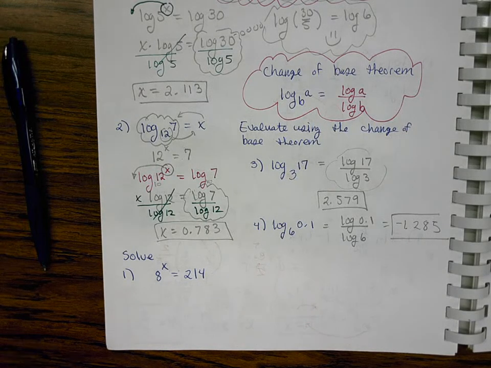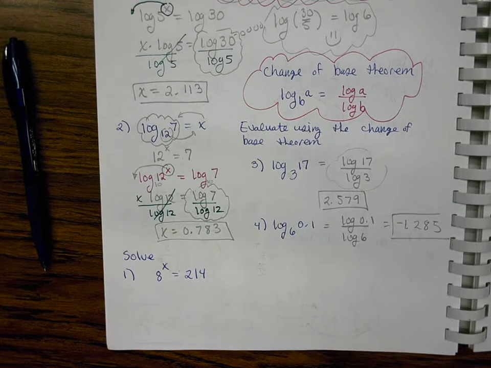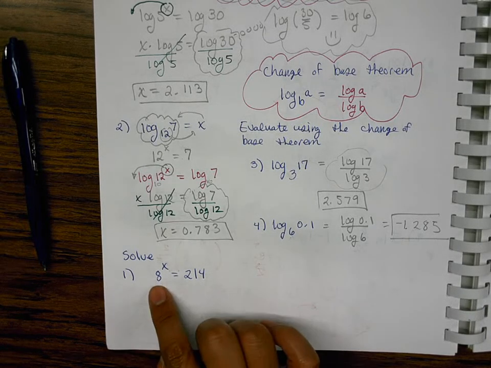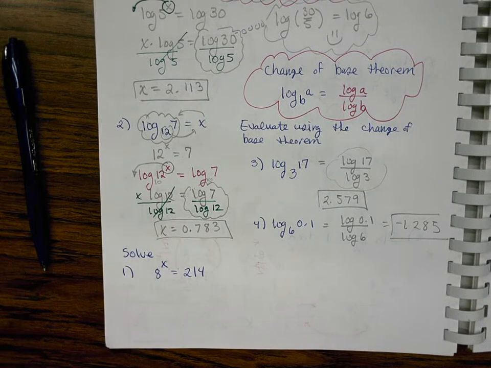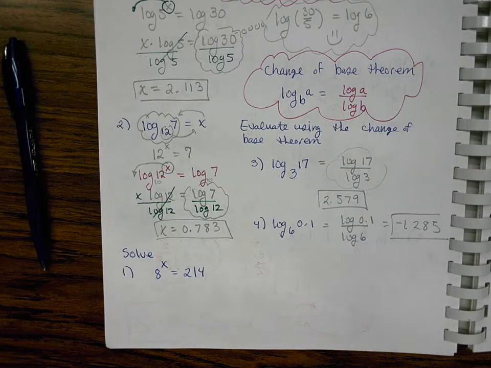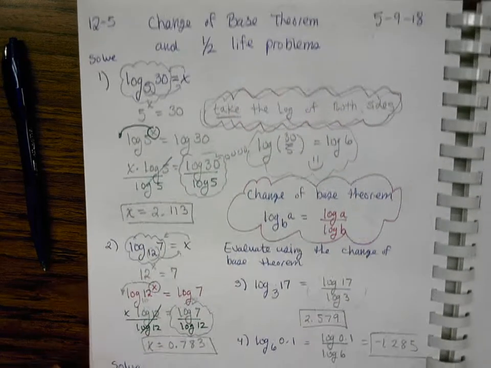All right, can I get these two to the same base? I cannot. 8 squared is 64, and 8 to the 3rd is 512. So there's no way to get those two to the same base. Not even 2. I can get 8 as 2 to the 3rd, but 2 to no power is going to give me 214. So what we're going to do is what we did on the beginning problems.